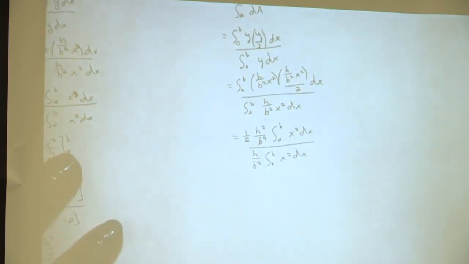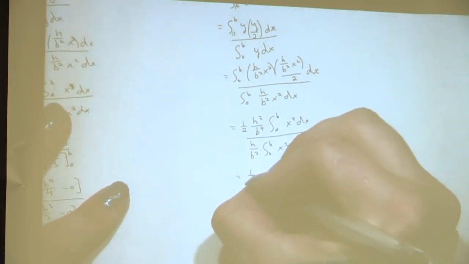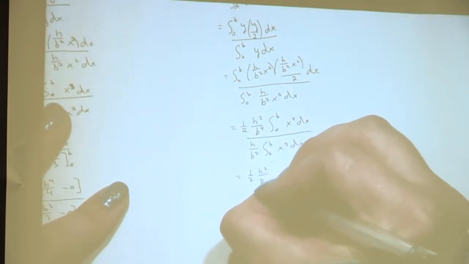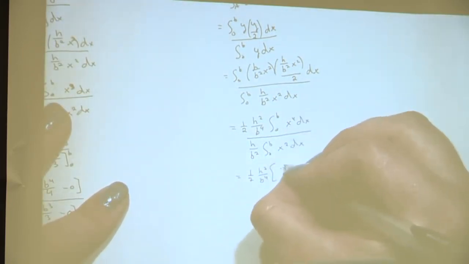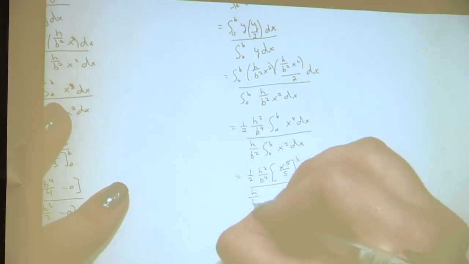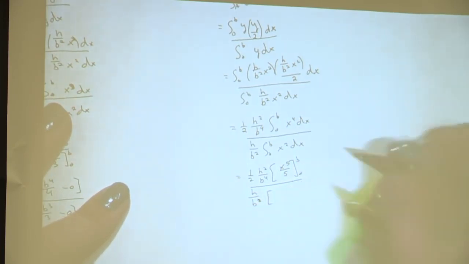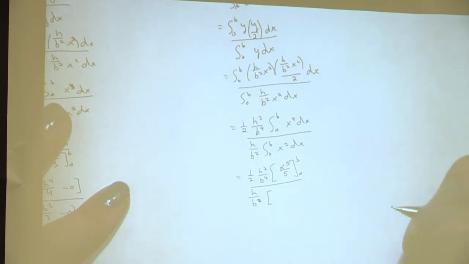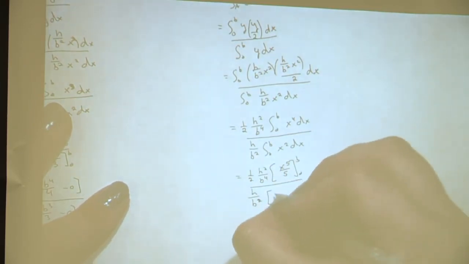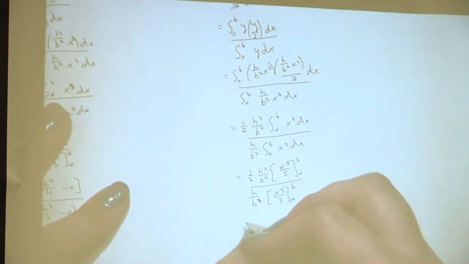Now, what is the integral of x to the 4th? x to the 5th over 5 from 0 to b. And the integral of x squared is x cubed over 3 from 0 to b.